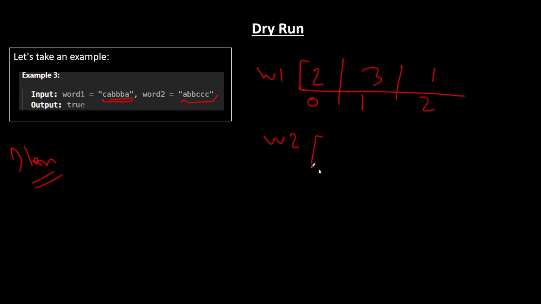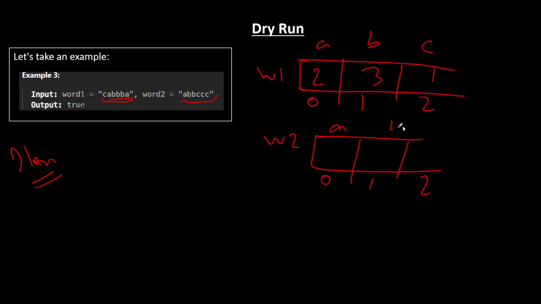And word 2, 0, 1, 2. Let me write here A, B, C. Here A frequency is 1, B frequency is 2, C frequency is 3. This is done.